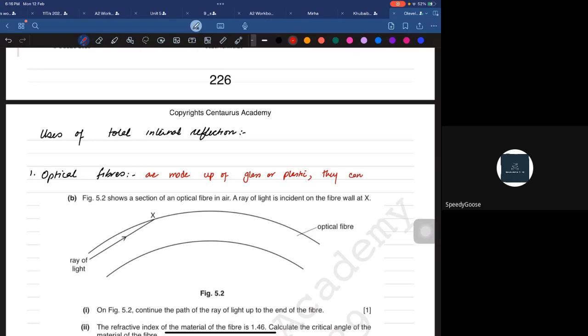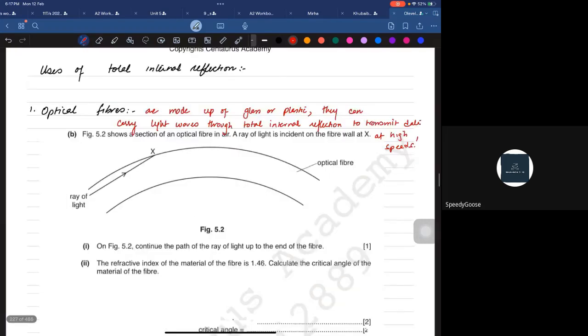They can carry light waves through total internal reflection to transmit data at high speeds. All right, kids. So you got to remember this.